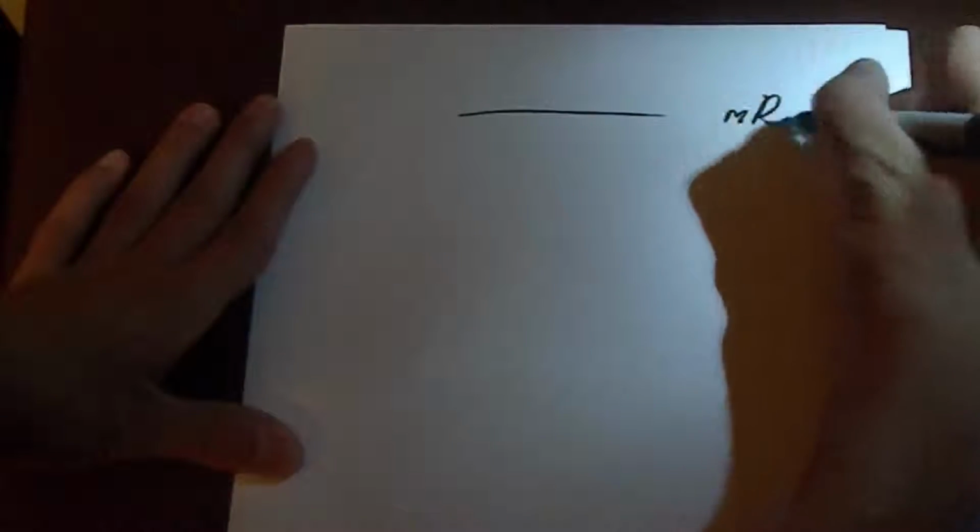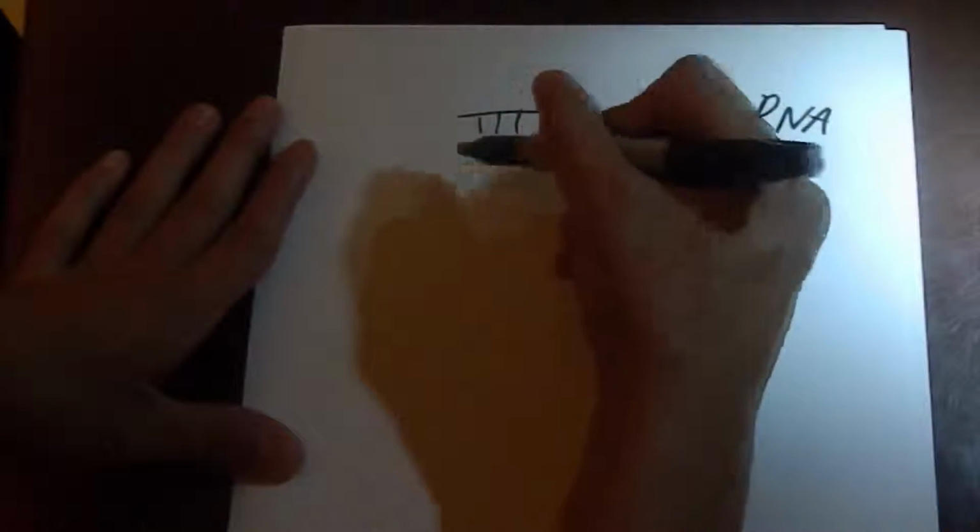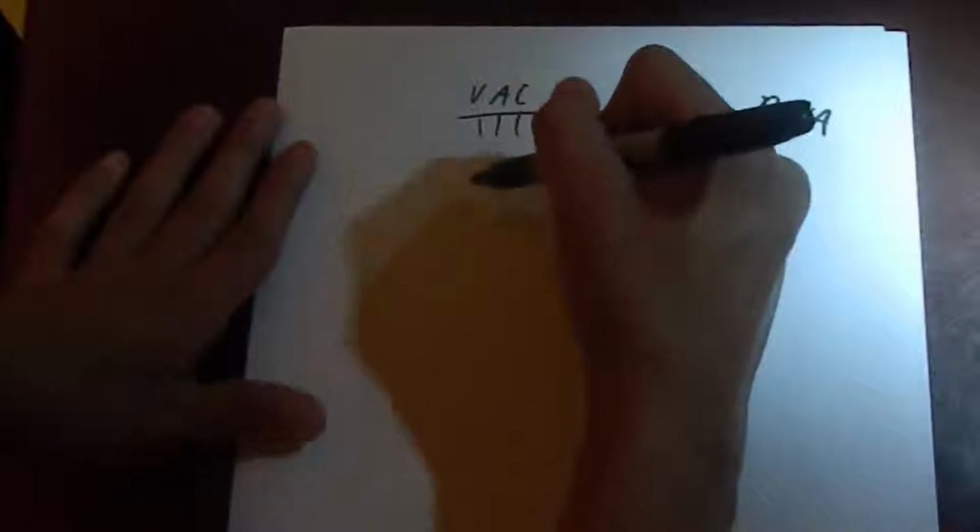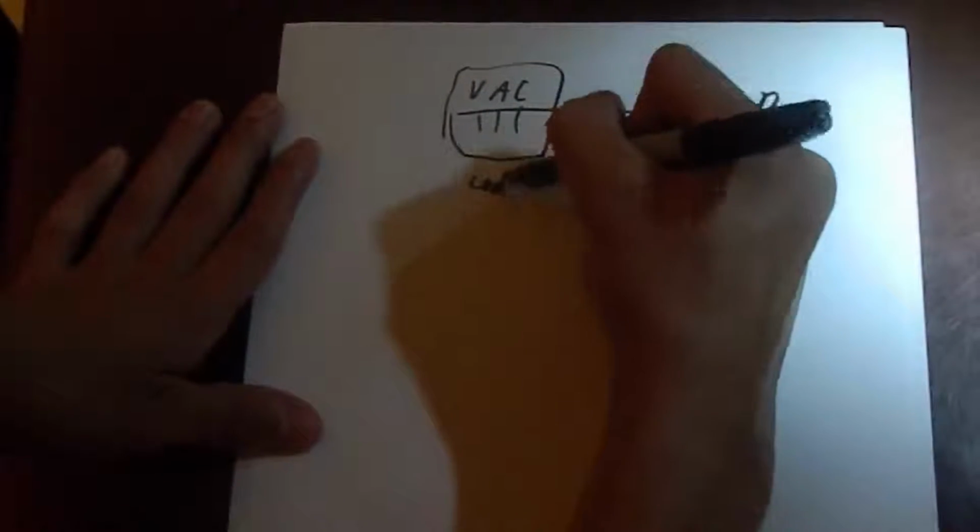Now, that section of 3 nitrogenous bases is called a codon. So we have our mRNA, UAC, and this is our codon.